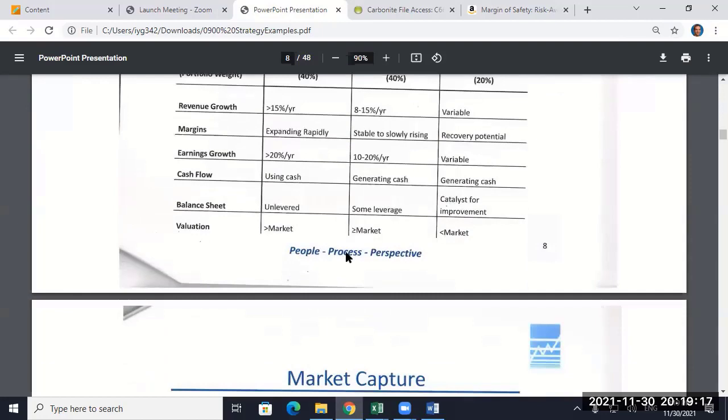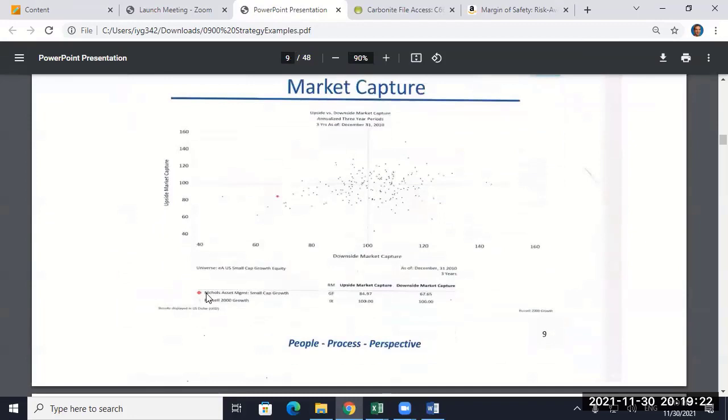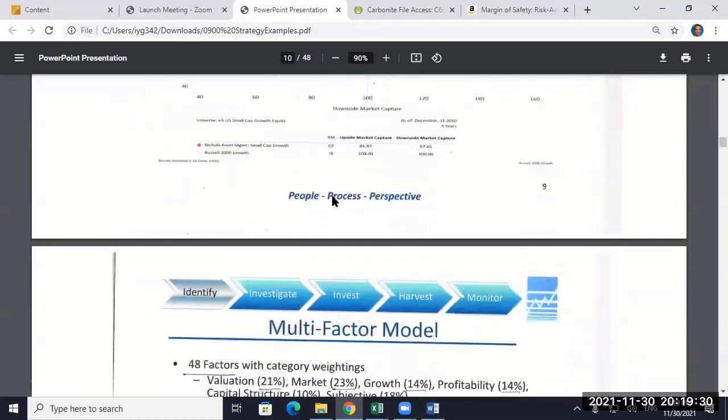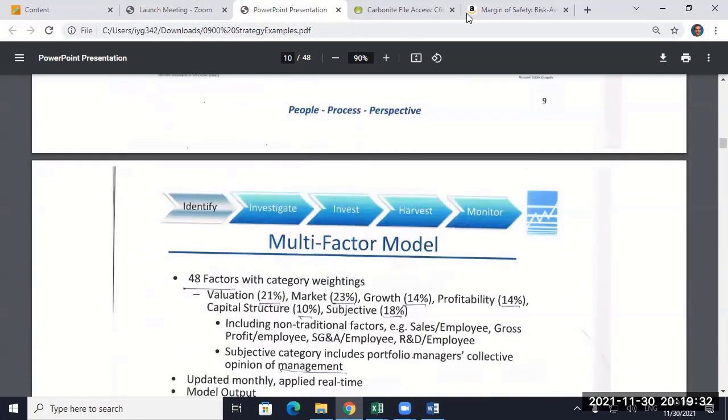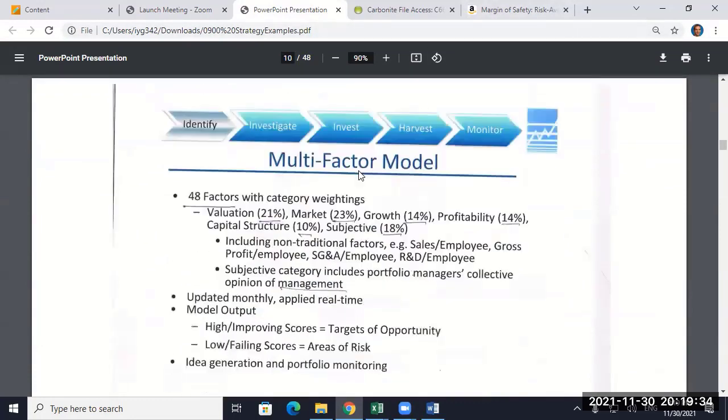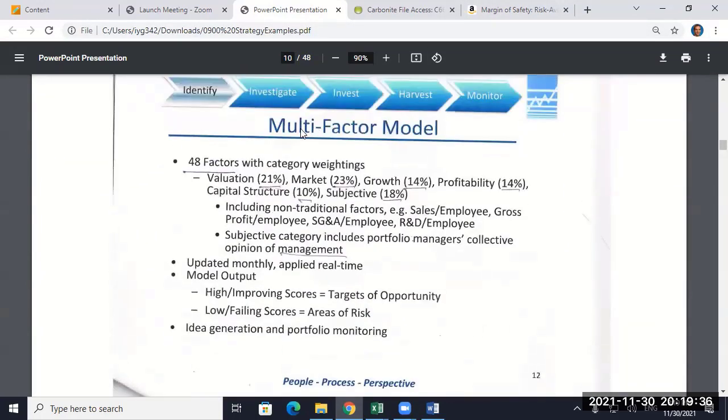Now here's the bottom, people, process, perspective. That's nice and alliterative. This looks familiar, doesn't it? Upside market capture, downside market capture. So they're doing kind of the margin of safety thing.